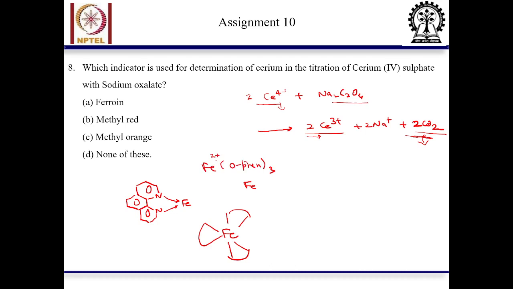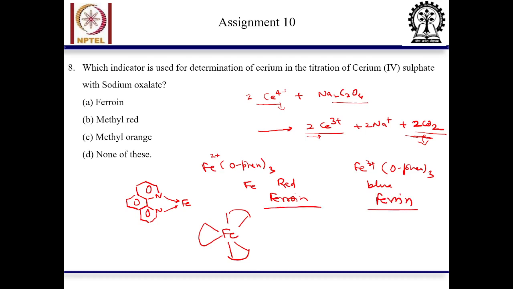Now if it is in 2+, it will be red in color. If it is in 3+, Fe(o-phen)3 3+, this will be a blue color complex. So this is called ferroin and this is called ferriin.